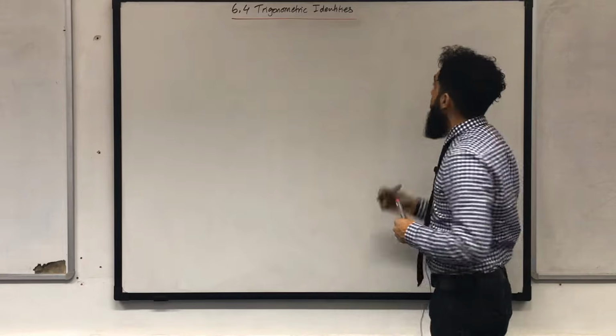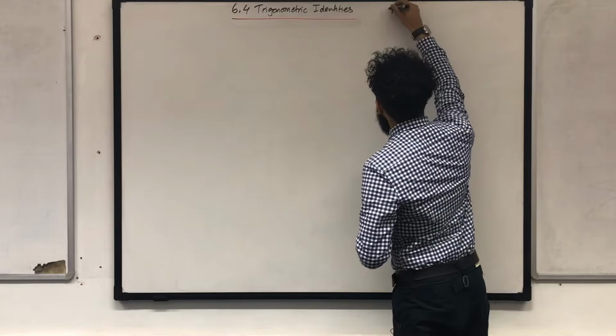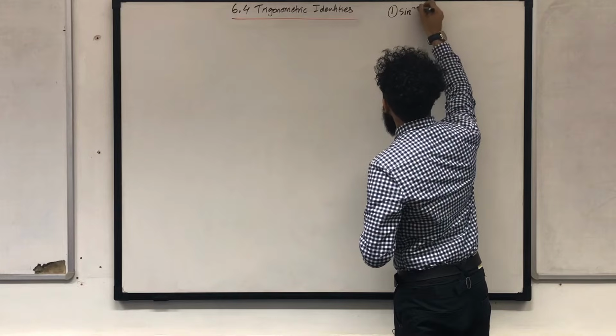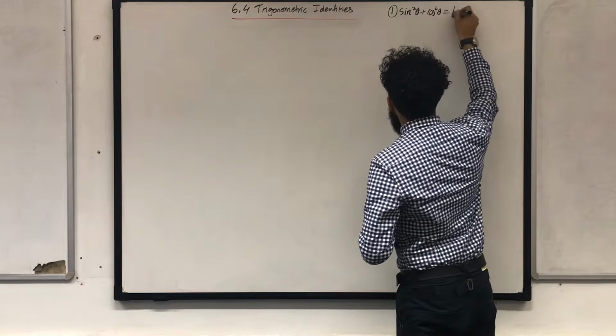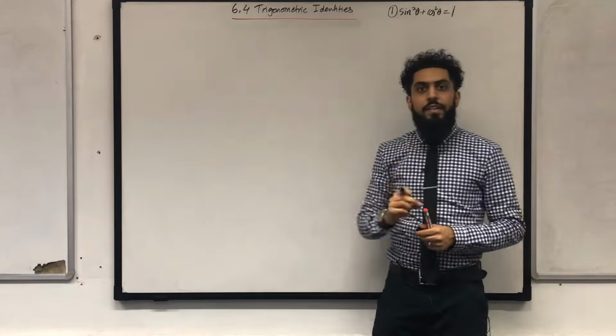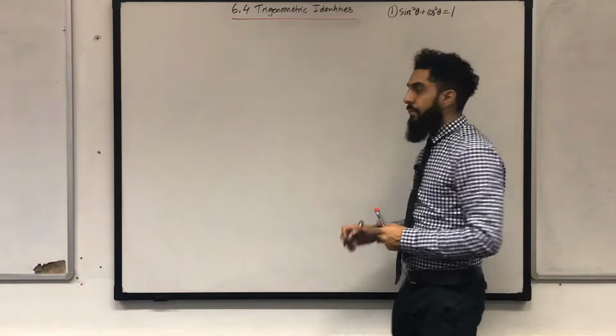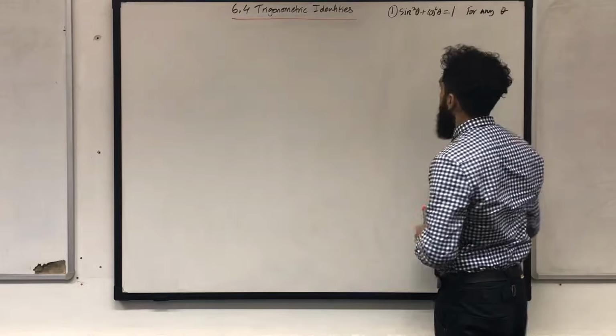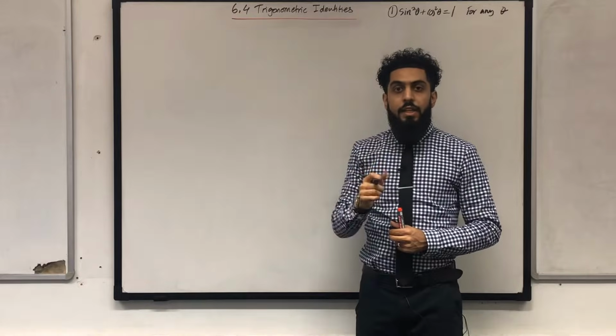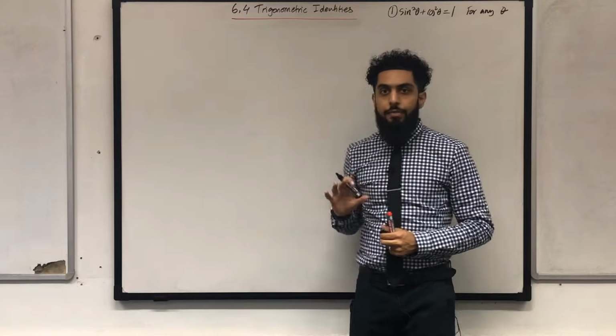The very first identity that I'm going to look at is this one over here. Sine squared theta plus cos squared theta is equal to 1. This identity is true for any theta. Very important, it's only true for power 2.